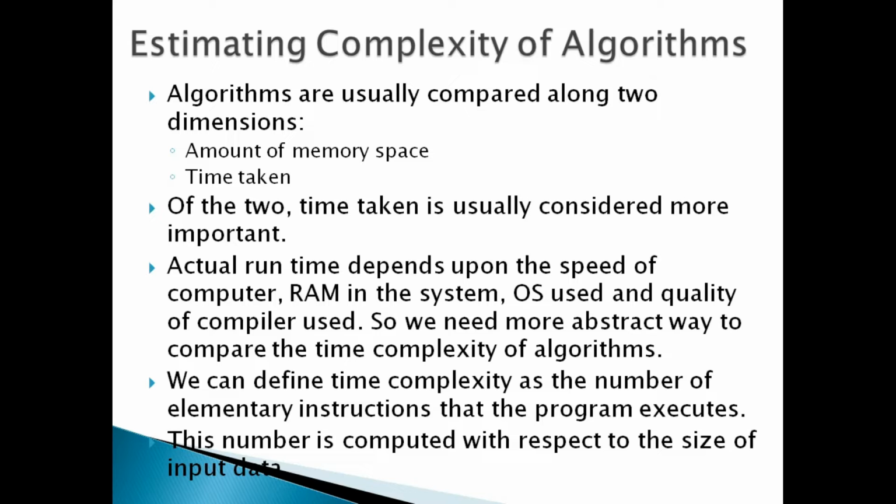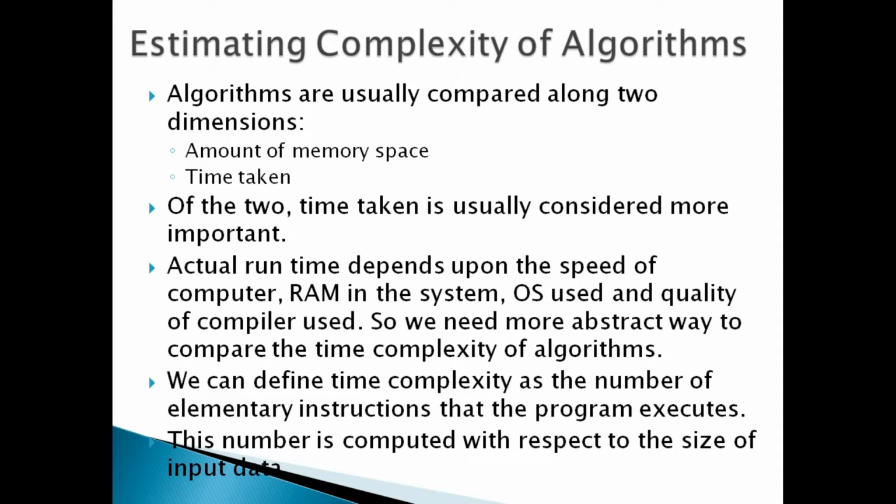Actual run time depends upon the speed of the computer, the RAM in the system, the operating system used, and the quality of the compiler that you have used. So we need a more abstract way to compare the time complexity of algorithms.